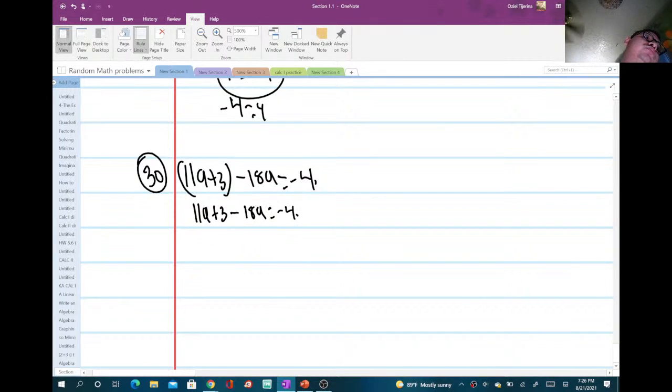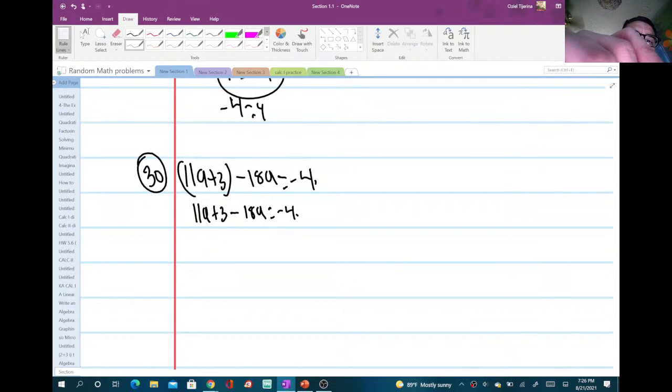So then you're going to combine like terms. Our like terms are 11a, negative 18a, and there's also 3 here.